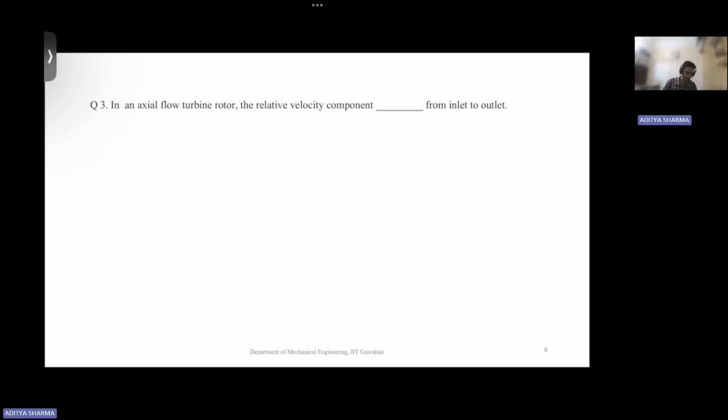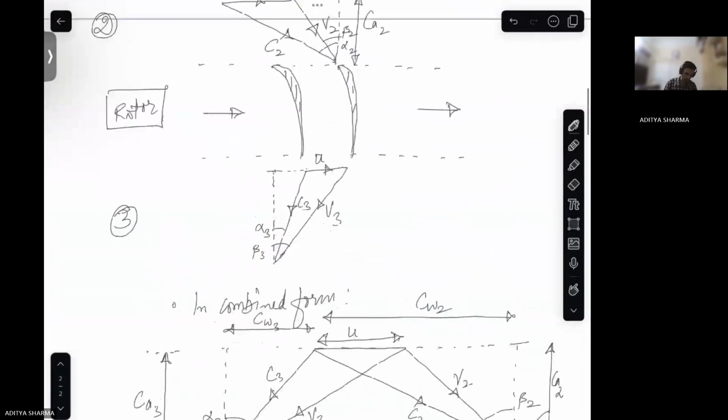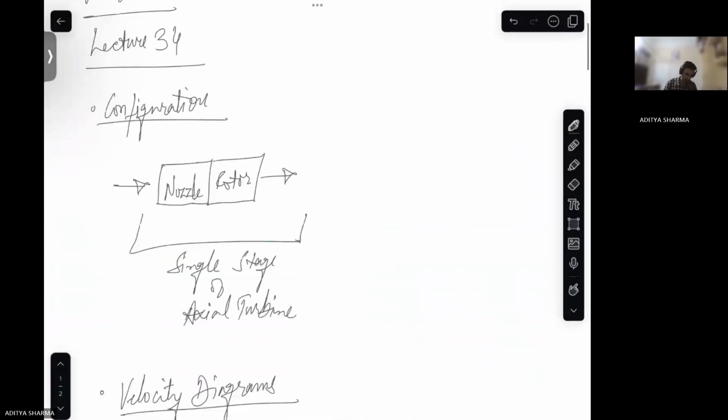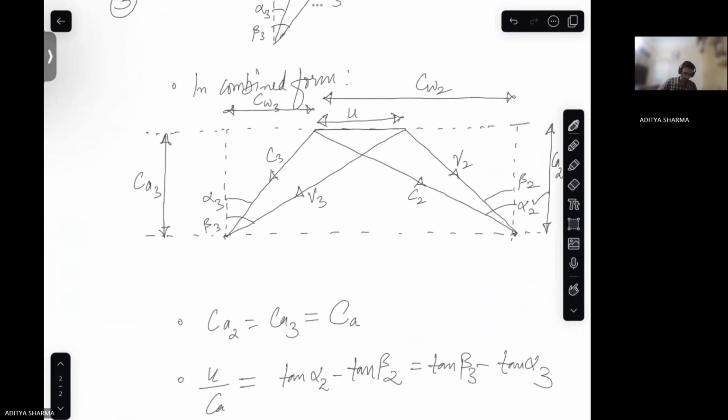The third question is: in an axial flow turbine rotor, the relative velocity component dash from inlet to outlet. What happens to your relative velocity component?